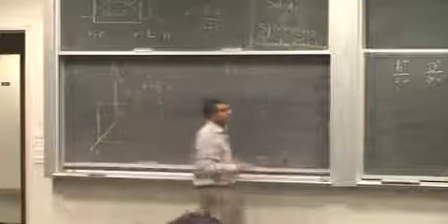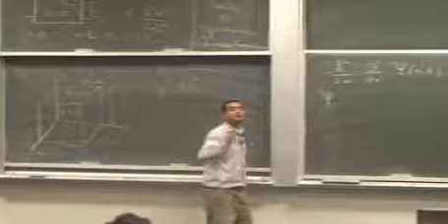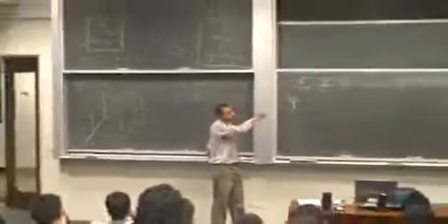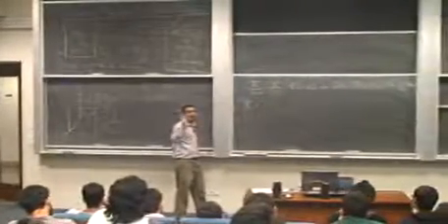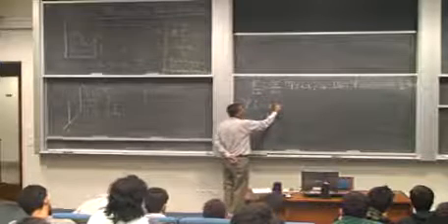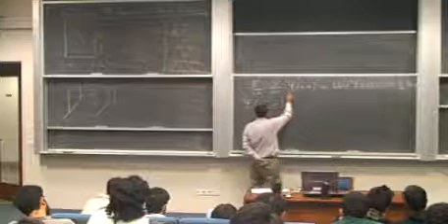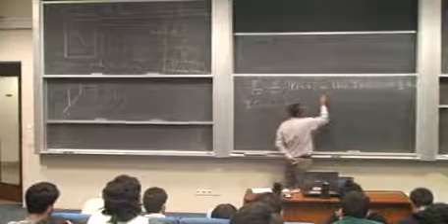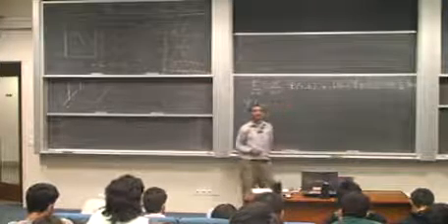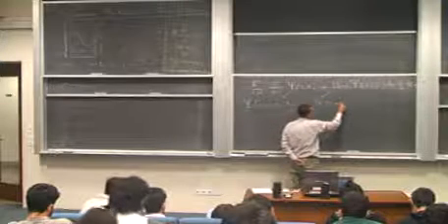So the wave function psi now depends upon, instead of 2 variables x and t, 4 variables. You have x, y, z and t, and your potential energy also depends upon 3 variables, x, y and z.